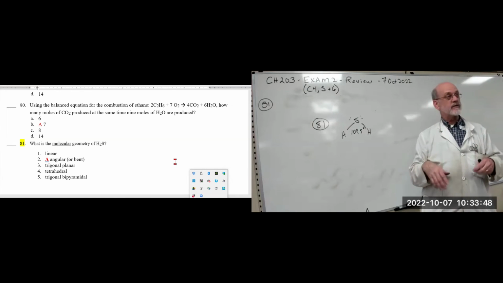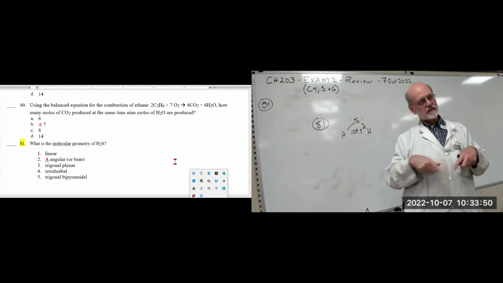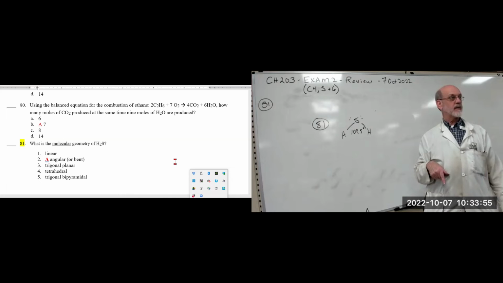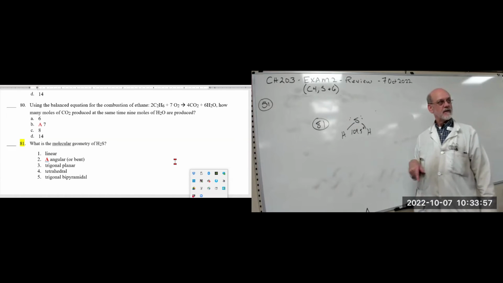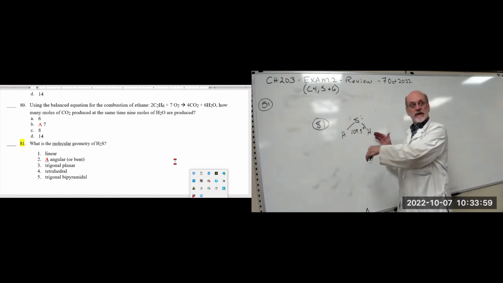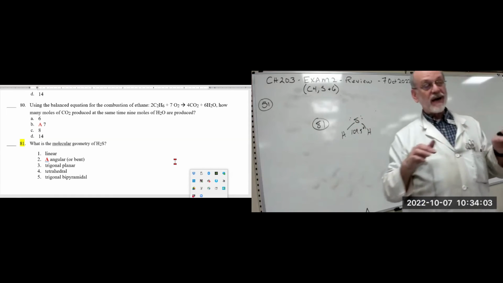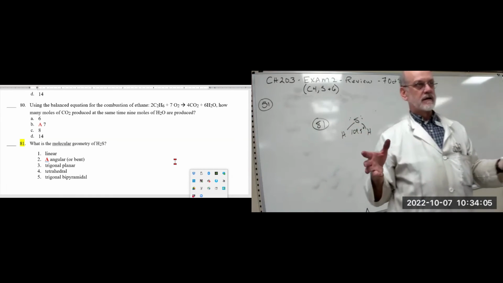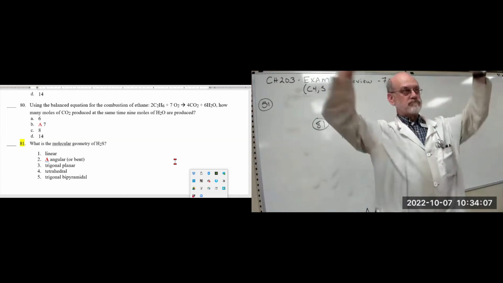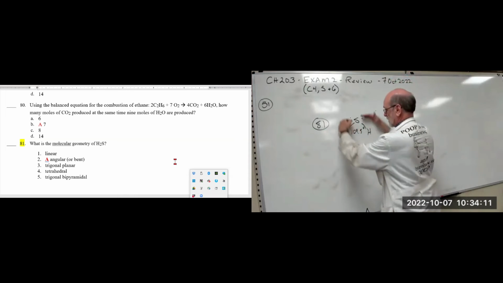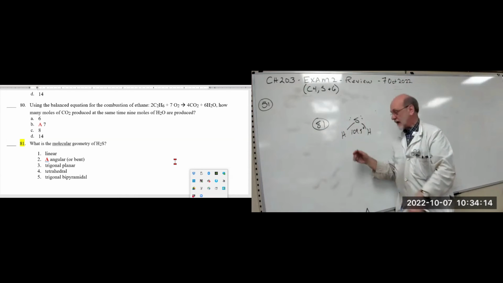They're either right angles, or they're 109.5. What I was saying was, it's not going to be 109.5 because you've got two lone pairs. When you have electrons that are not bonded, they're not confined in a bond. So they tend to balloon out and they put pressure on these other bonds, and they shrink it.